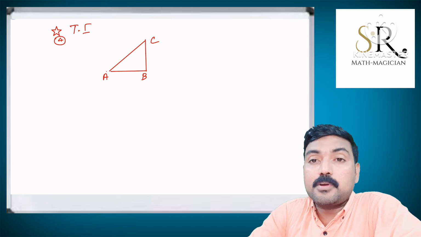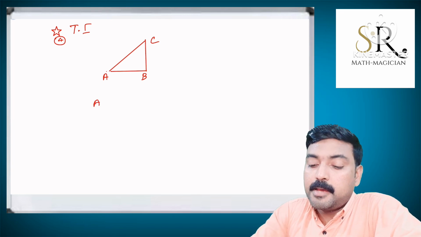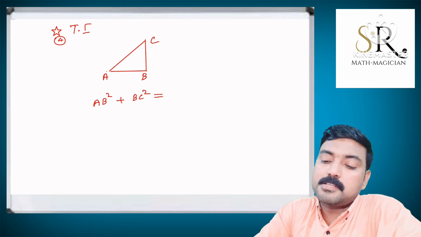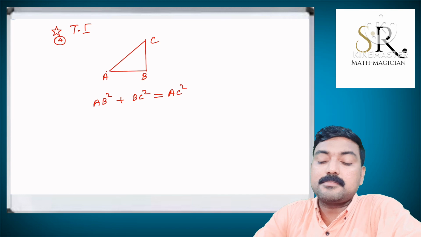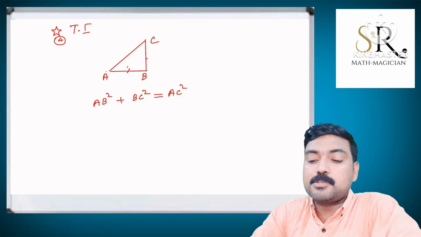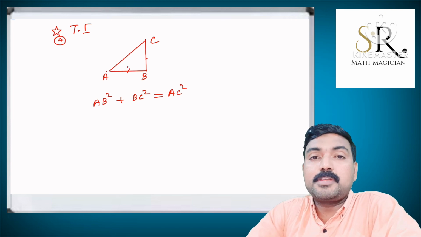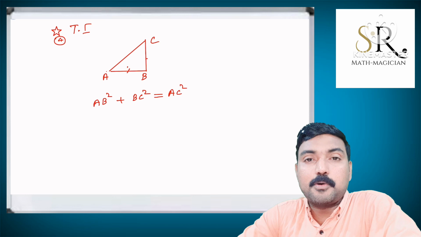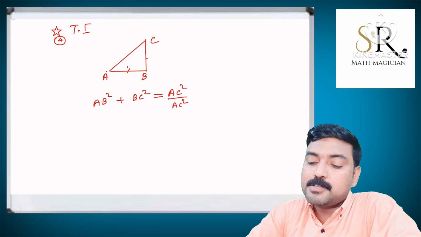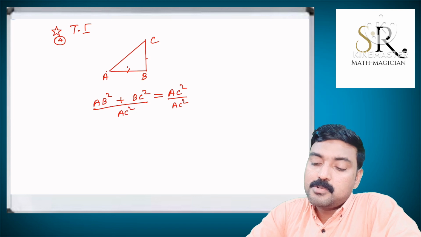Can you write Pythagoras theorem in this triangle? AB square plus BC square is equal to AC square. Sum of the squares of these two sides is equal to the square of the hypotenuse. This is Pythagoras theorem. What is on the right side? AC square. We can divide by AC square on both sides, so we get a ratio.